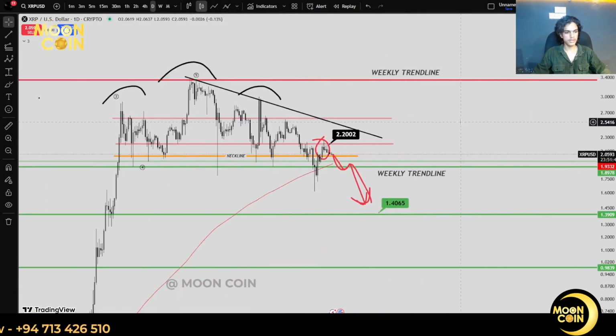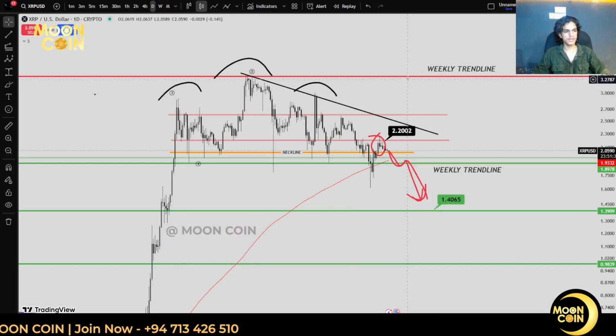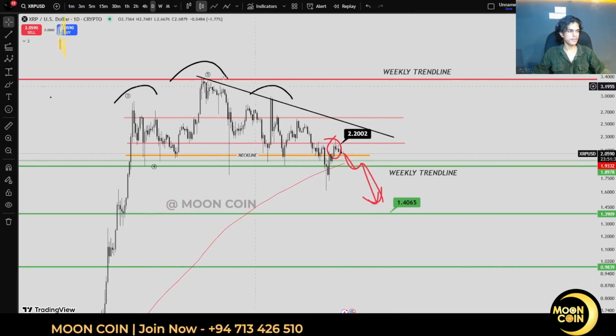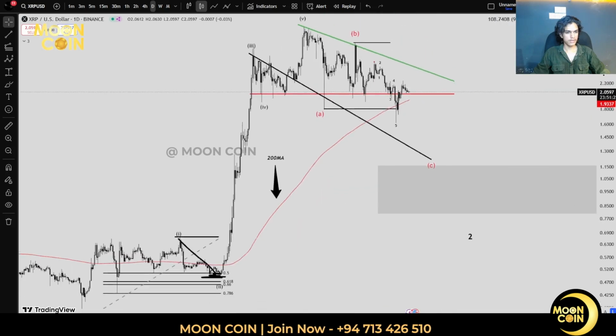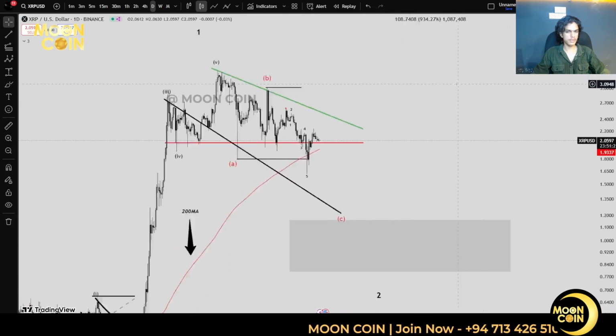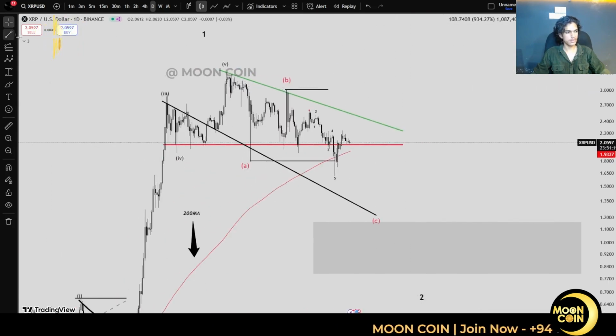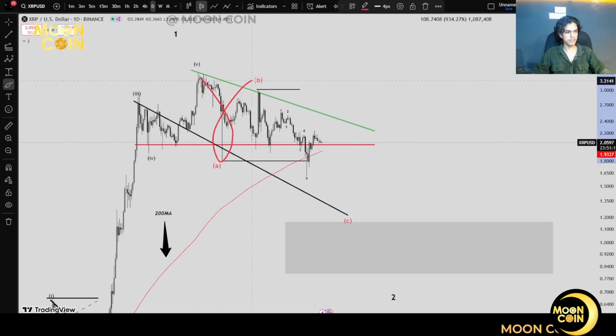I have mentioned this several times. Now let's see short-term and mid-term movements with the Elliott concept. I did the last video with the Elliott concept, so if you missed it, go check that. We are in a C count now, so this is an A, B, and C count.